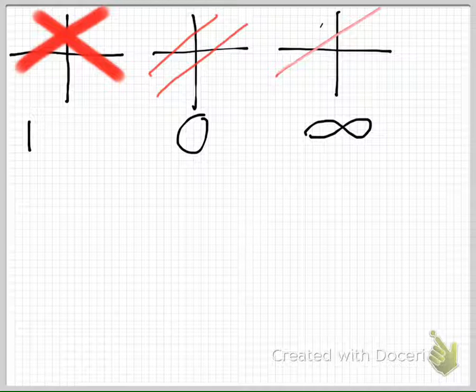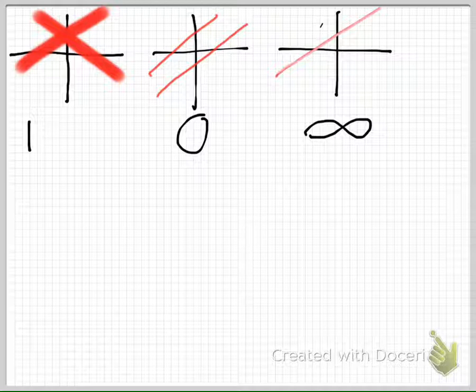Now, when you're trying to find out which of these it is, you're going to be given some equations, and you need to figure out if it's one solution, no solutions, or infinite solutions. Well, if it's one solution, you can watch my other videos and just try any of these methods: graphing, substitution, elimination. If you see there's an intersection in the graph, it's one solution.